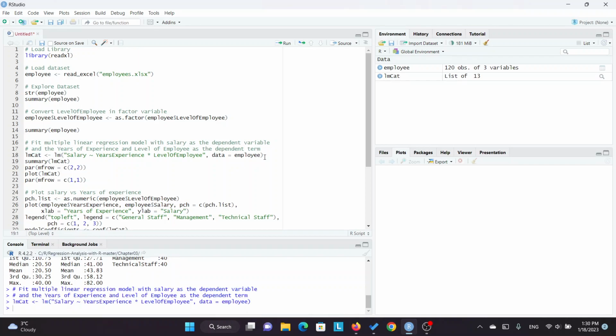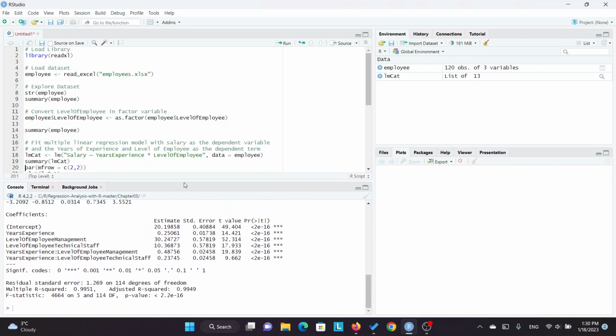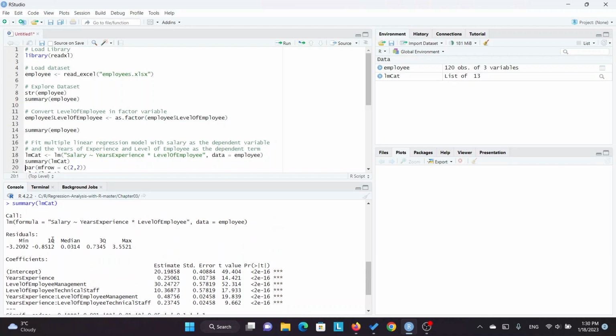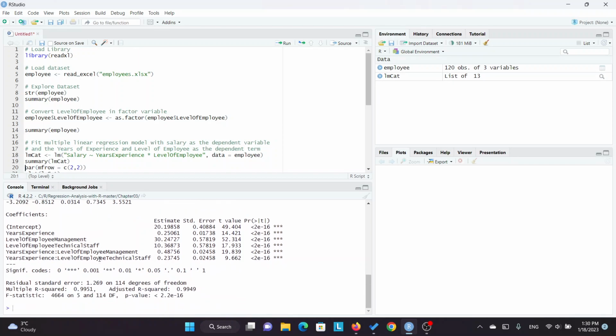Let's see how good our model is. We're going to run the summary command. From the summary, if we look at the residuals, we can see that they are normally distributed with a very similar range. The median is around 0, which is good. The estimated intercept is 20.19858.